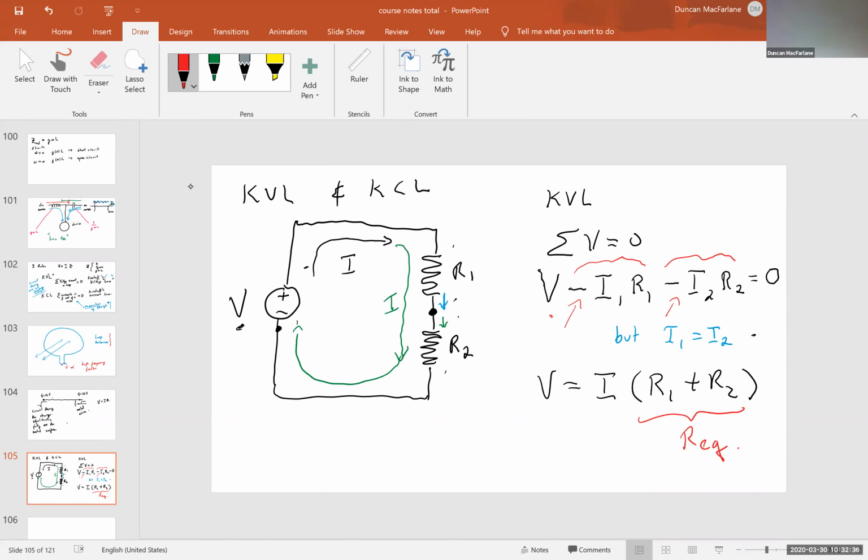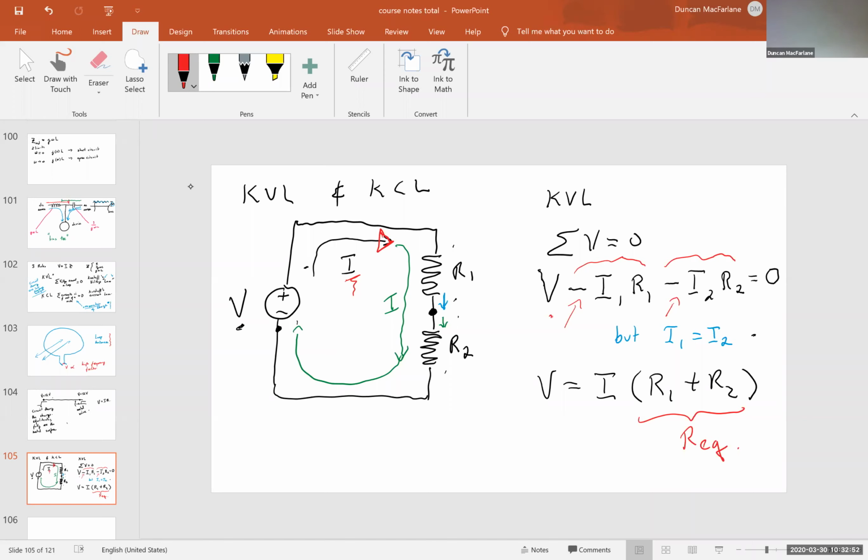Okay, and it's the direction of the current flow that determines whether current is positive or negative. So I'm assuming a flow of current.